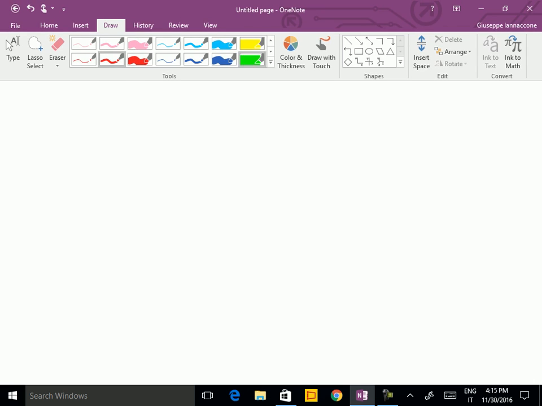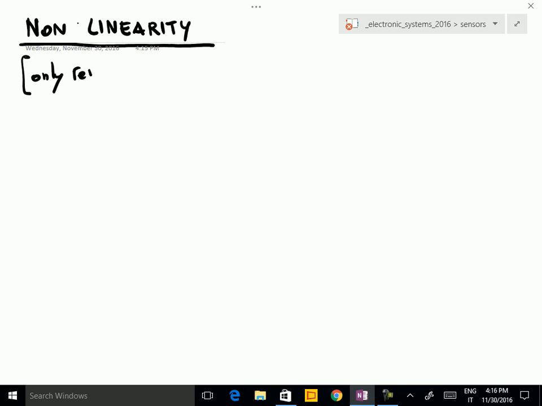Continue with this small definition. It's a bit boring, but we need to have the same vocabulary. One other quantity is the non-linearity. That is also very common in sensor data sheets. This non-linearity is only relevant for linear transfer functions.